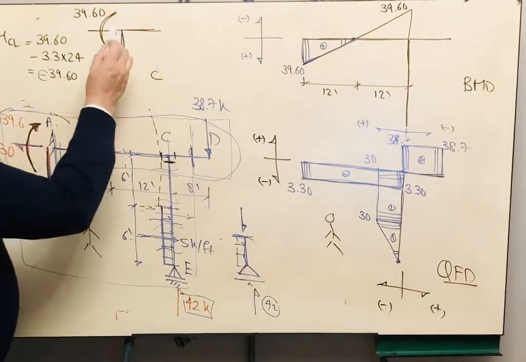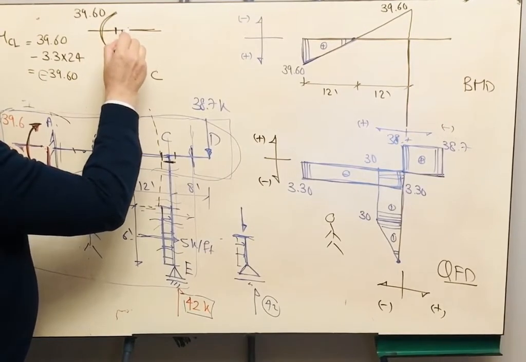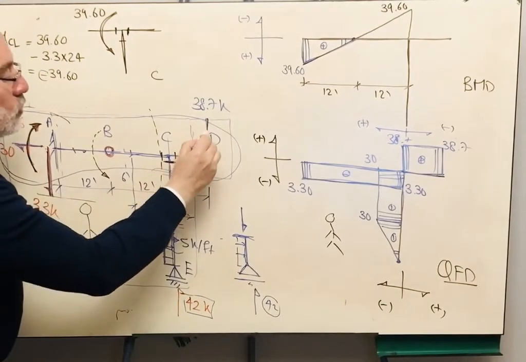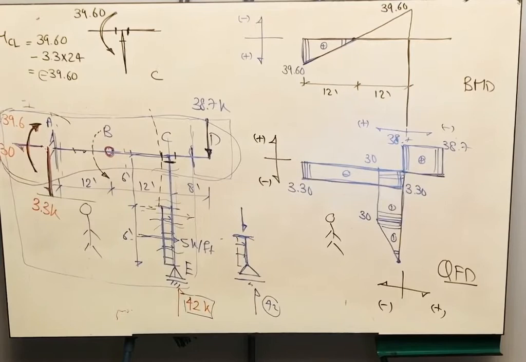Take care that this point is 3 points. You need to equilibrate the moment on this side and this side. This side is easier because all we have is the 38.7 kip force.